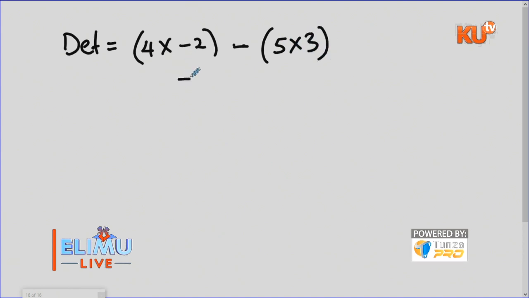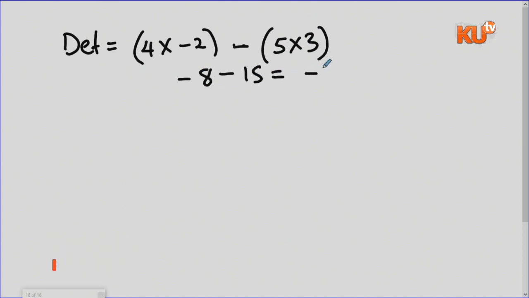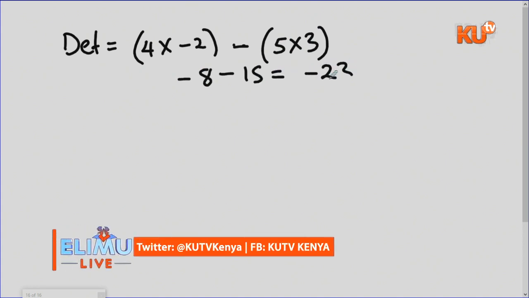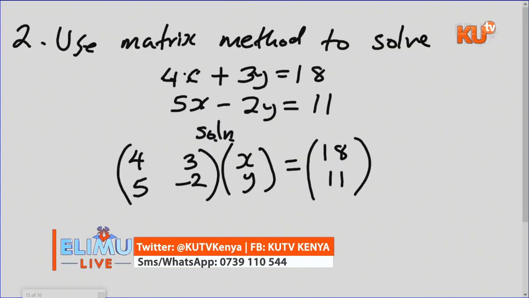And so this gives us negative 8 minus 15, which will give us negative 23. That is negative 23 as our determinant. So that is simply 4 times negative 2, which is negative 8. Then we minus 15, that gives us negative 23.